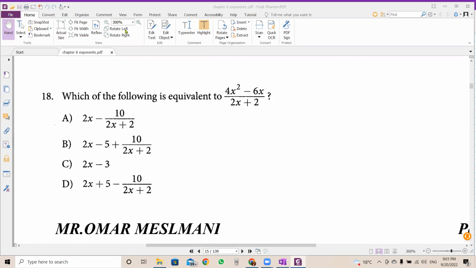Bro, I don't know these words. You mean like 2 times 2x and then 3x or 3? Wait, the common factor would be 2x. No, the greatest common factor would be 2, because the one under it can't take 2x.